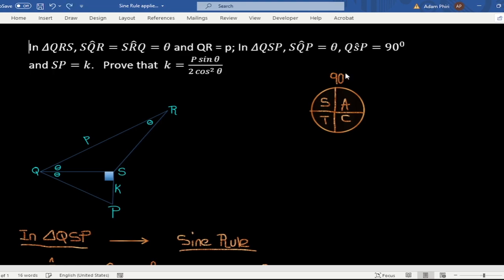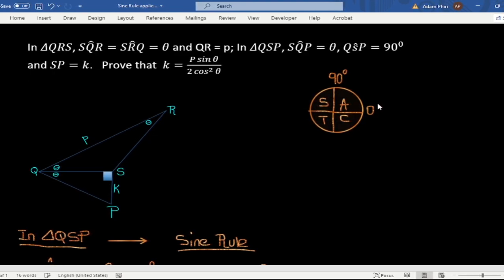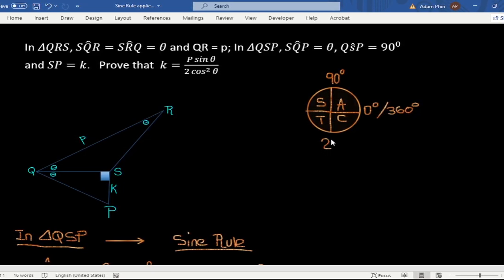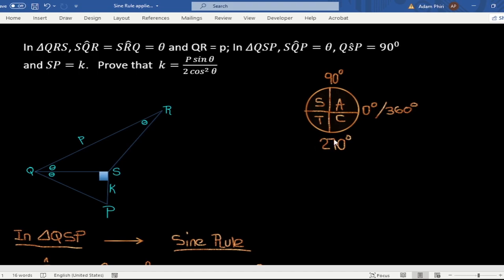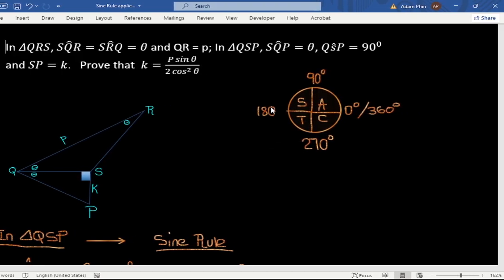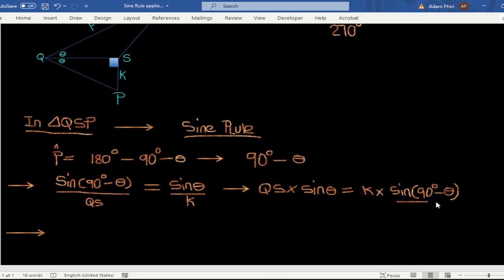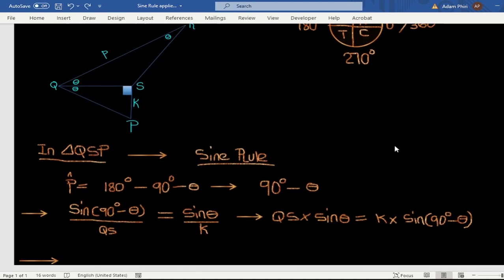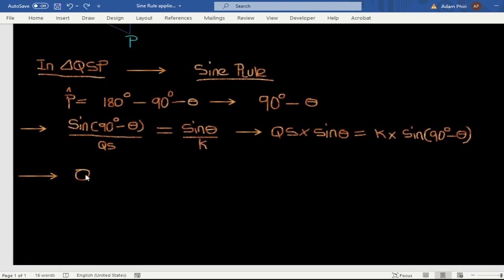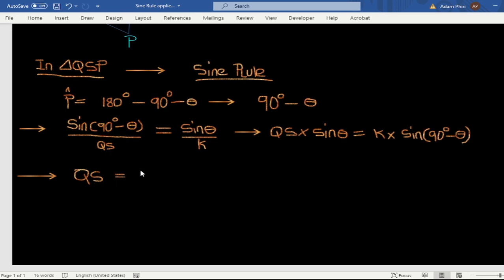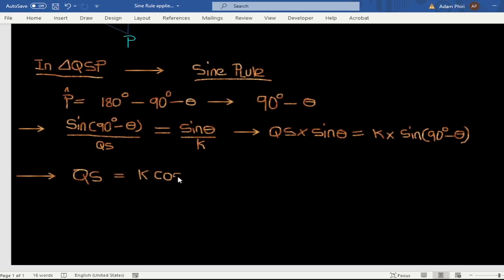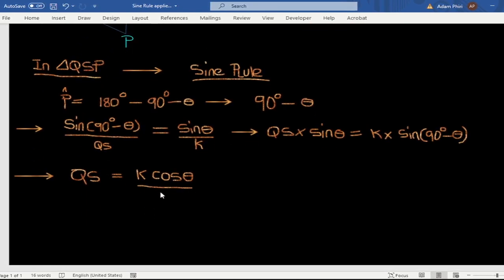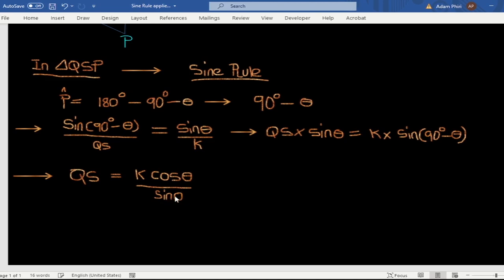That's 0 degrees, 360, that will be 270 degrees, and that will be 180 degrees. So minus, I said plus, it's supposed to be minus, but minus and plus for sine give the same answer, no problem for that mistake. So QS is equal to K cos theta all over sine theta. So that's QS.